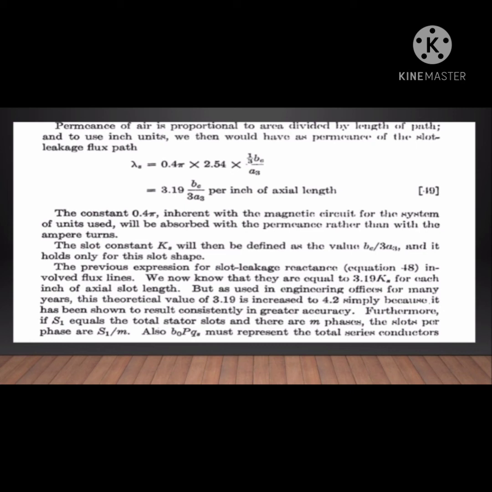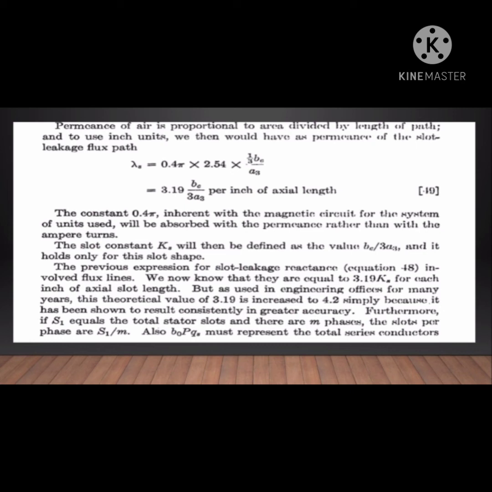So, 0.4 pi times 2.54 magiging 3.19 BC all over 3 times A per inch of axial length.